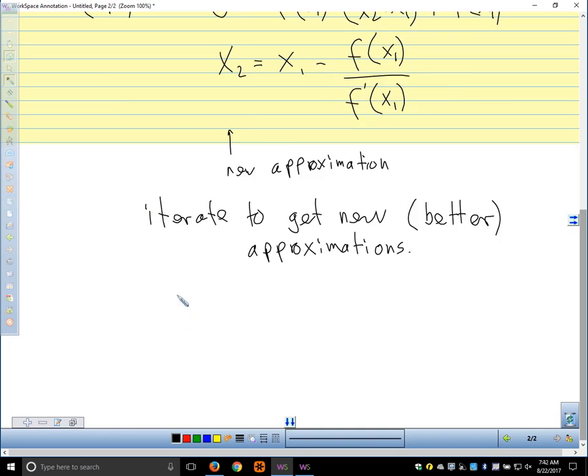So that is, i.e., x3 equals x2, which we solve for here, minus f of x2 over f prime of x2. x4 would be x3, so we just keep plugging our new numbers into the algorithm, churning it out.